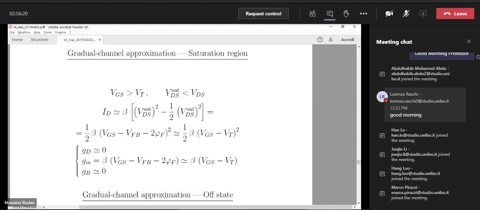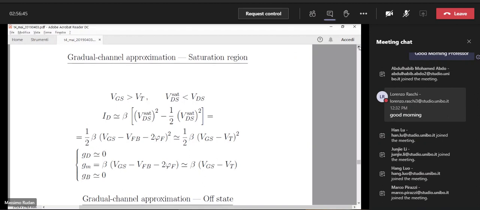So what we do is we take the linear parabolic model for simplicity. So we neglect ID with 2 primes. In the linear parabolic model, we replace VDS with VDS sat in order to make it a constant.